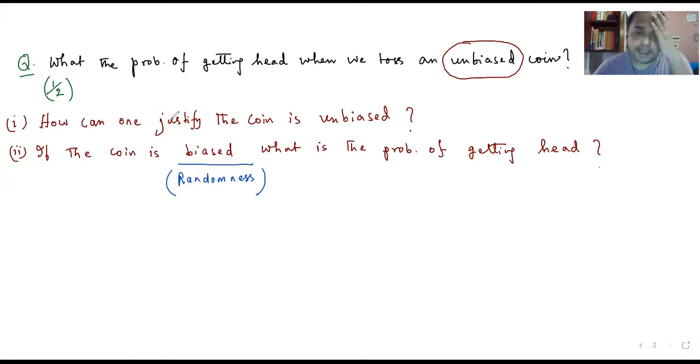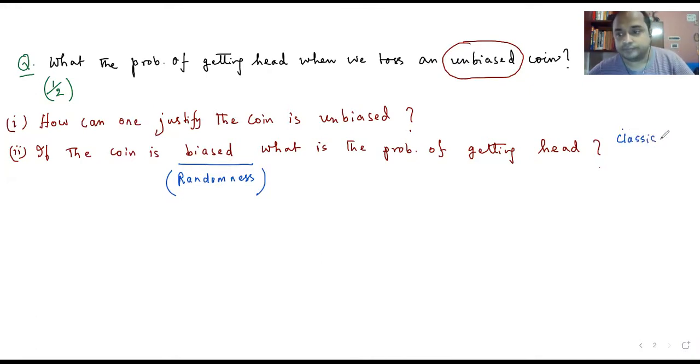So if the coin is biased, and if you want to calculate the probability of head, the answer will not be half. We all know that, because in a biased coin, head and tail are not equally probable. I'm not giving you the reply to this question right now, but at least I can say that the classical definition fails over here.